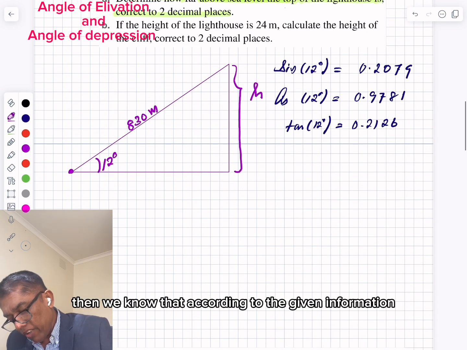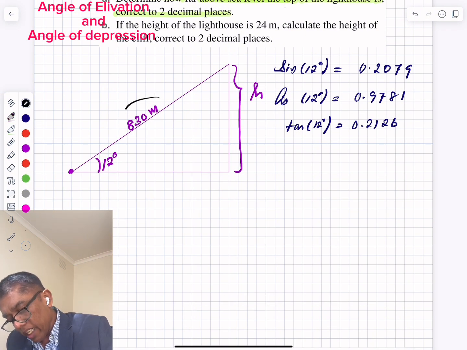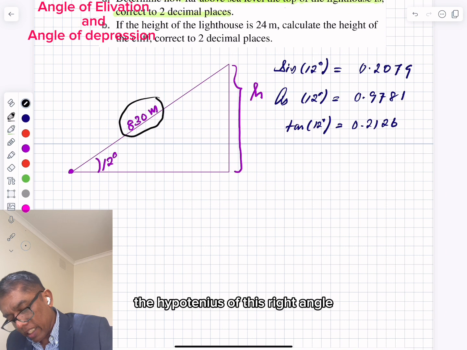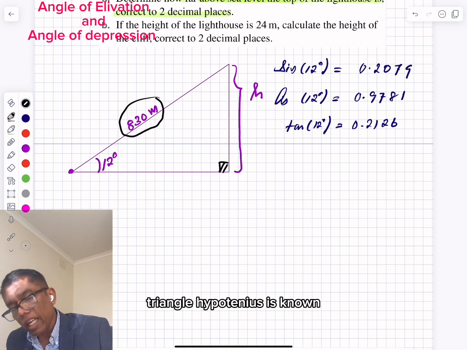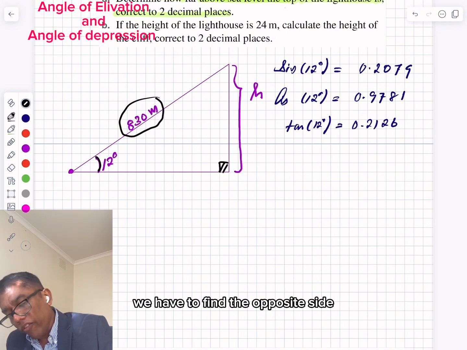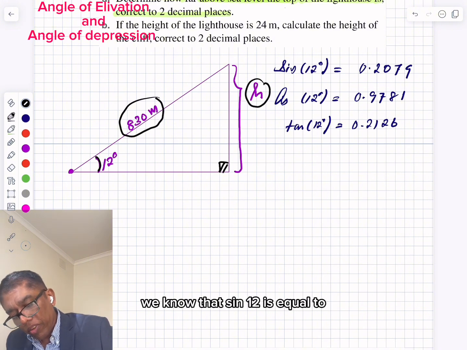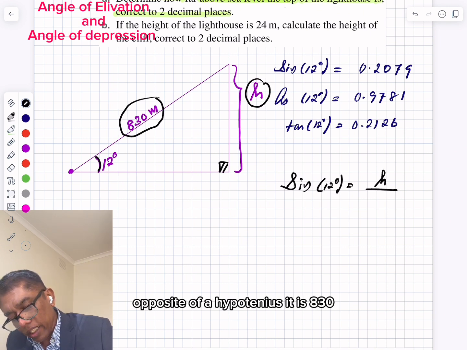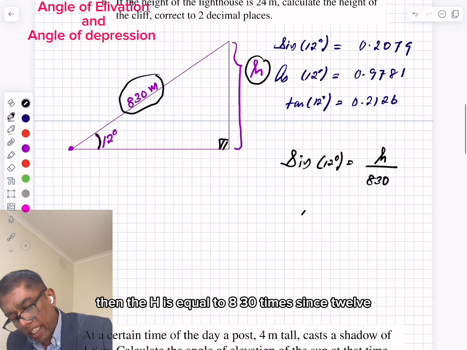Okay, then according to the given information, the hypotenuse of this right angle triangle is known and this angle is known. We have to find the opposite side. We know that sine 12 is equal to opposite over hypotenuse, it is h over 830. Then h is equal to 830 times sine 12.